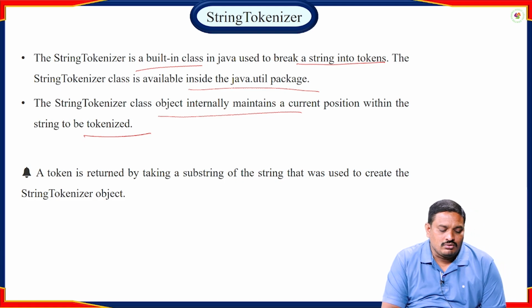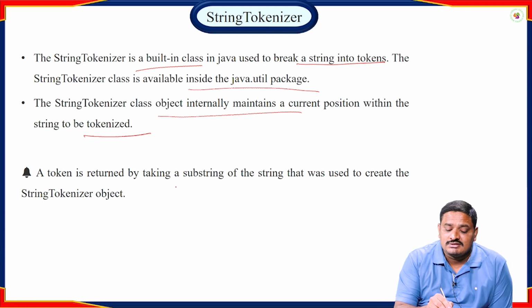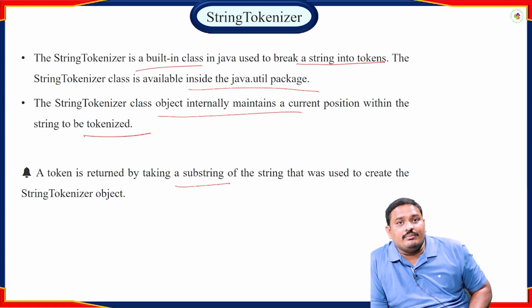A token is returned by taking a substring of the string.